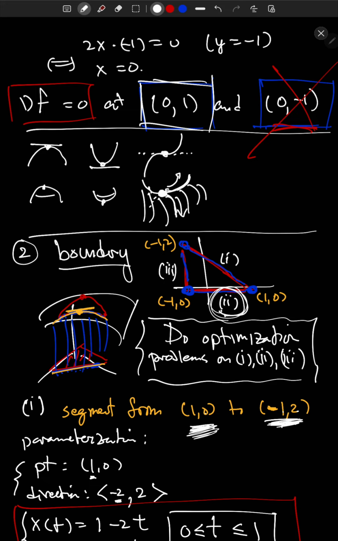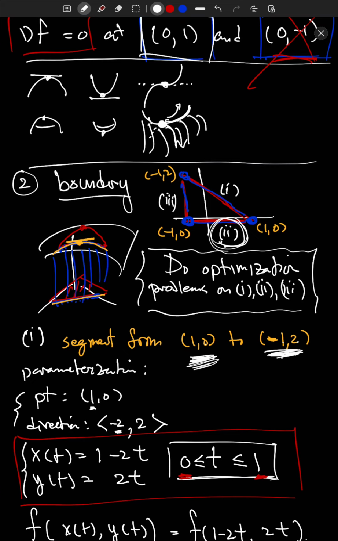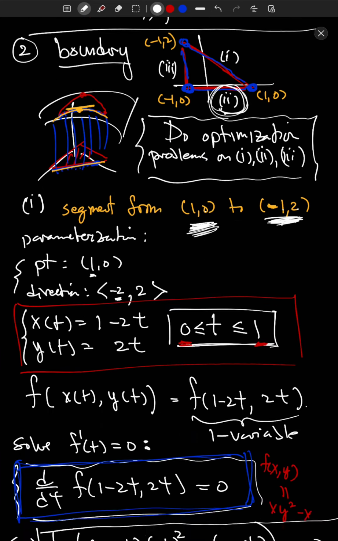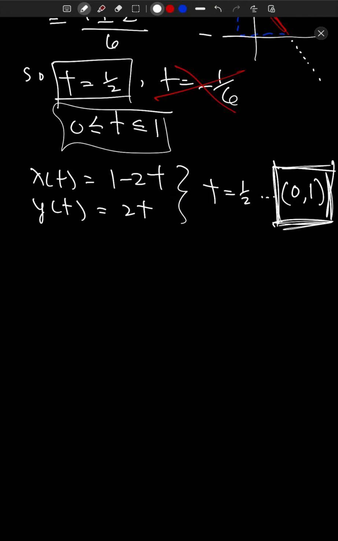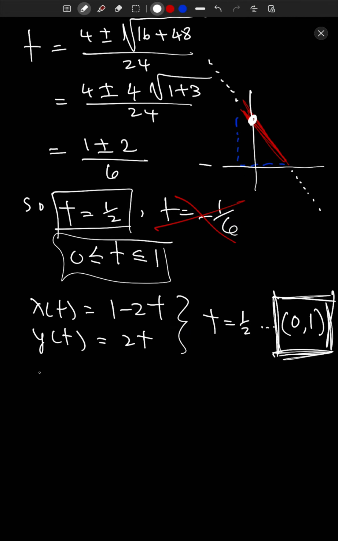Actually, what I was going to do is wait till the end to gather all the endpoints, but let me make it all complete, in each little mini segment. So the endpoints are going to be (1, 0) and (-1, 2).